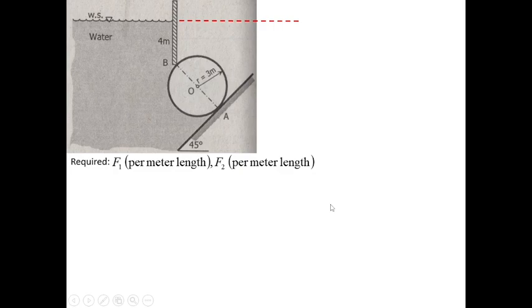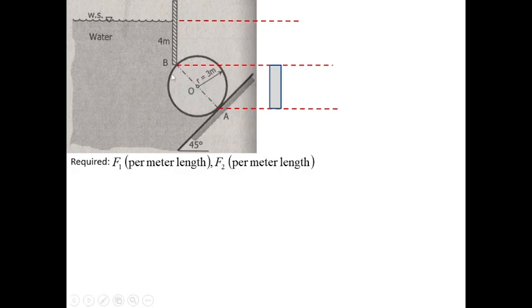So let's solve first for F1. Consider these imaginary lines. We are to determine F1, which is the horizontal component. To determine F1, we will construct the vertical projection of this curve part, which is curve AB or curve BA.